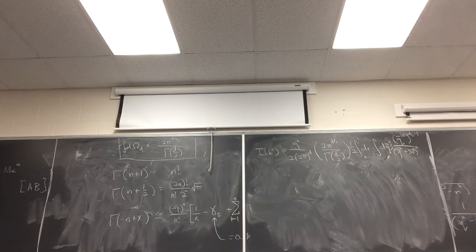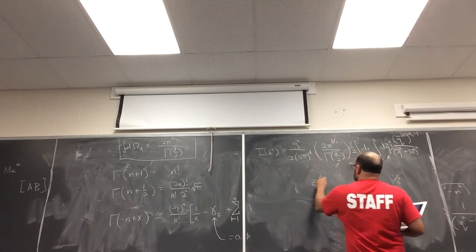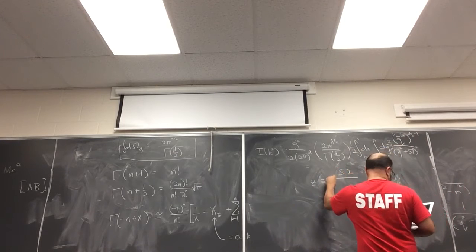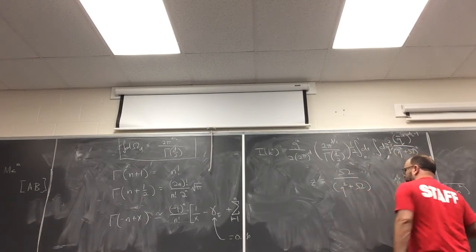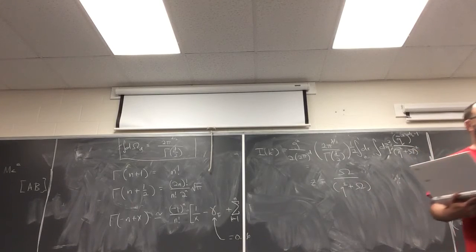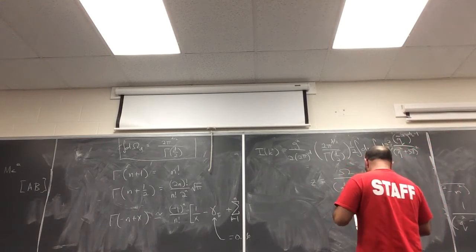All right, so now you want to make a change of variable. Okay, and obviously, the change of variable is going to be omega all over q squared plus omega. Right? I mean, it's completely clear. I'm joking.